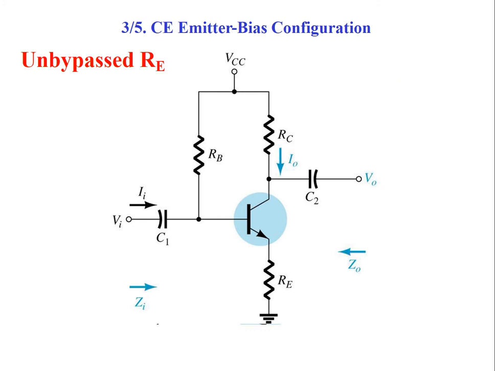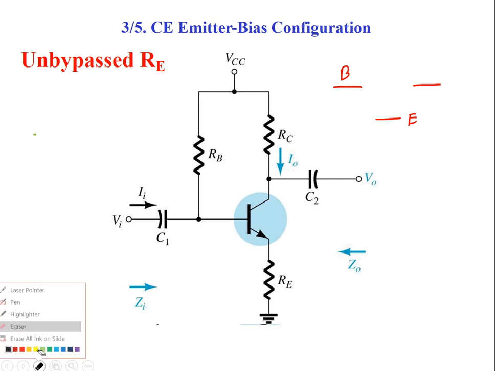Now remember the procedure is the same. We are going to use the same procedure. Let me use another color here. Let's draw 3 lines. This is my base point, this is my emitter point, and this is my collector point. Remember what I have done.